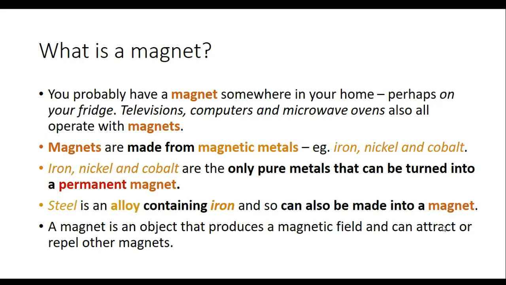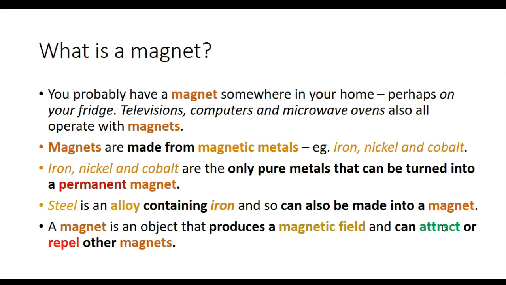As steel is an alloy that contains a lot of iron, that material can also be made into a magnet. So magnets can also be made out of steel. Generally, we say that a magnet is an object that produces a magnetic field and can attract or repel other magnets.